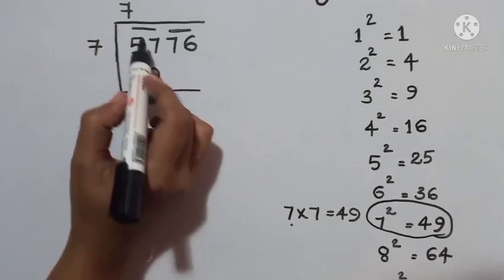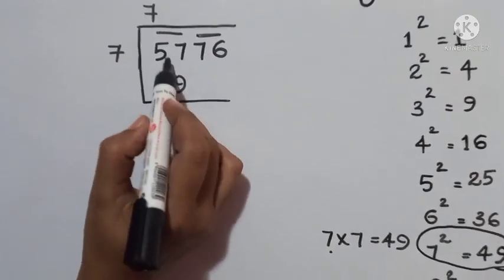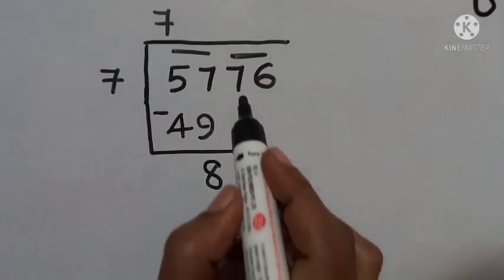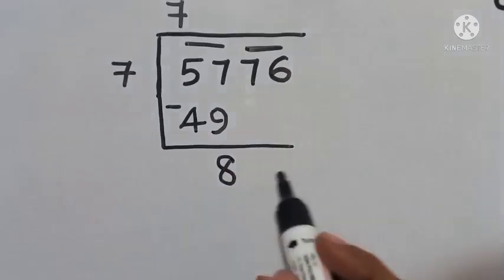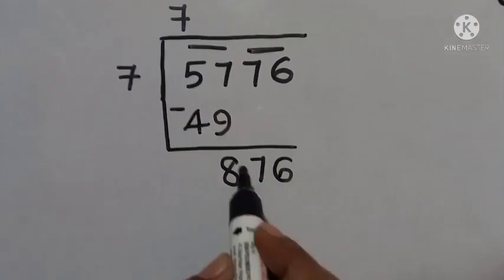Next step, as usual, we subtract 49 from 57, that is 8. Then we write down the second group completely, that is 76.